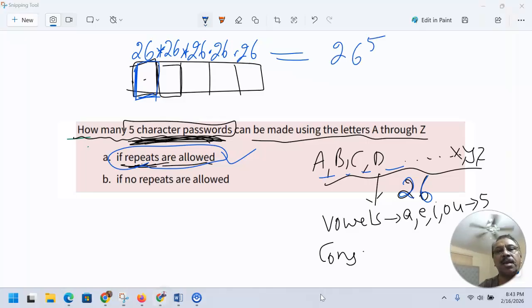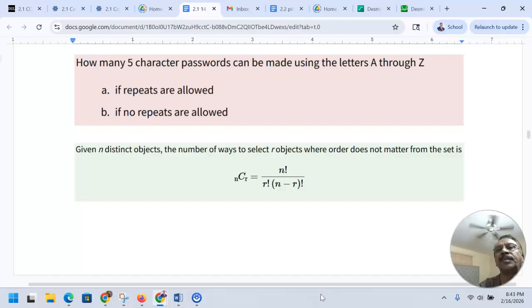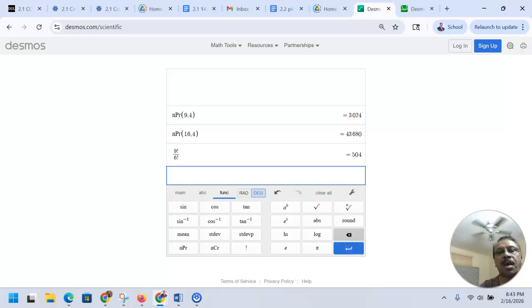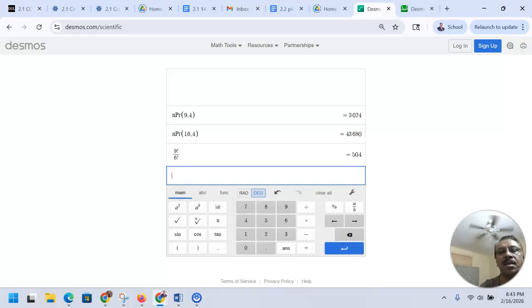And if you use the calculator here, put 26, then go to the exponent and raise it. So it's a 5 letter password, right?